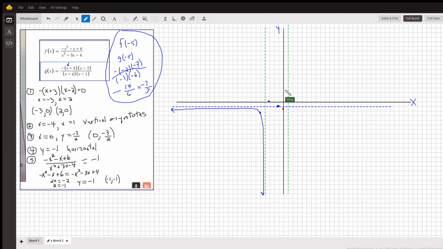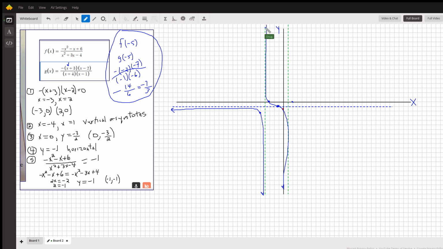And then between the vertical asymptotes, we've got to go through these 3 points. We can't cross back over the horizontal asymptote. So a rough sketch for the curve between the vertical asymptotes might look something like this. Whoops, I got a little sloppy there.